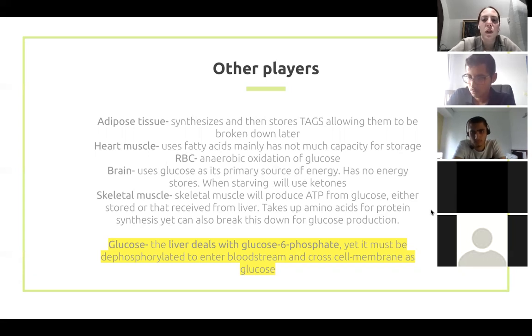Skeletal muscle produces all the energy it needs from glucose. Some can be stored, but mainly it receives it from the liver. It takes up amino acids for protein synthesis, yet it can also break down protein. That's why in severe starving, the proteins in your muscles are used for gluconeogenesis.